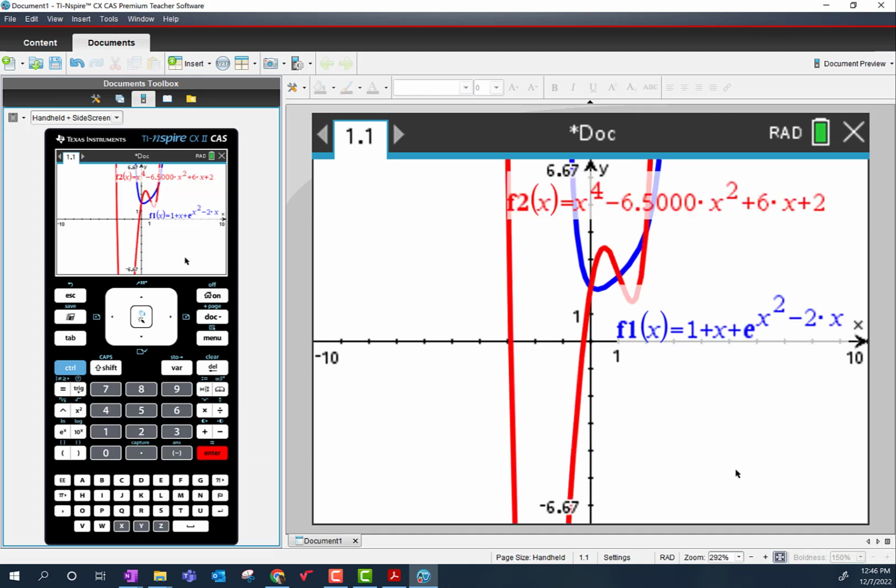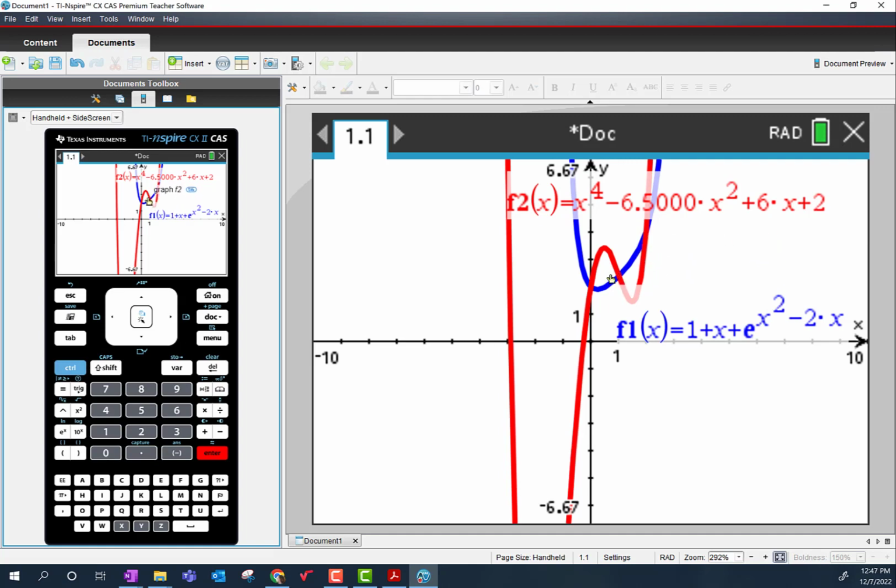Okay, so it looks like on our document, they just have this little area right in here. The top function, which strangely enough I colored pink, that's the red one. The red one is the pink one, and that is g. g was f2. So g is right here and then f underneath.